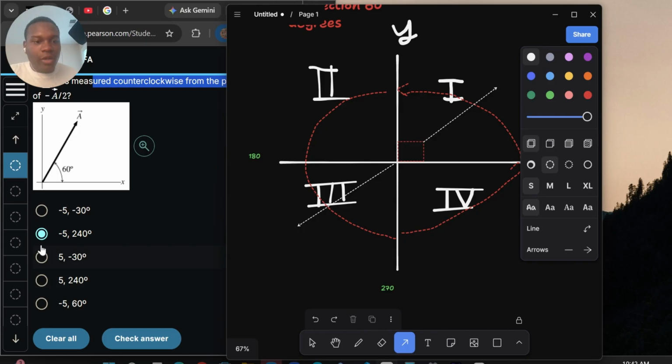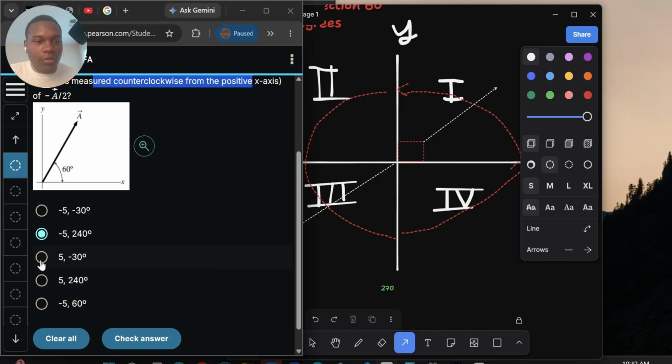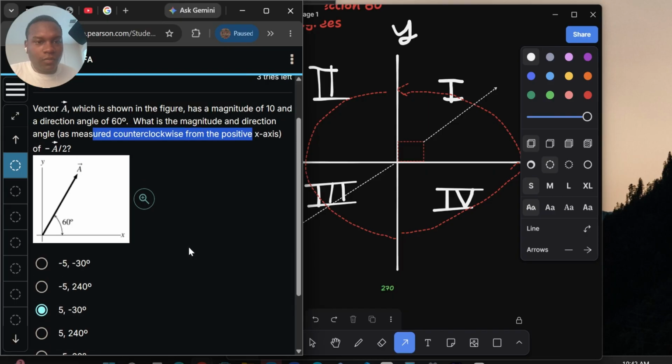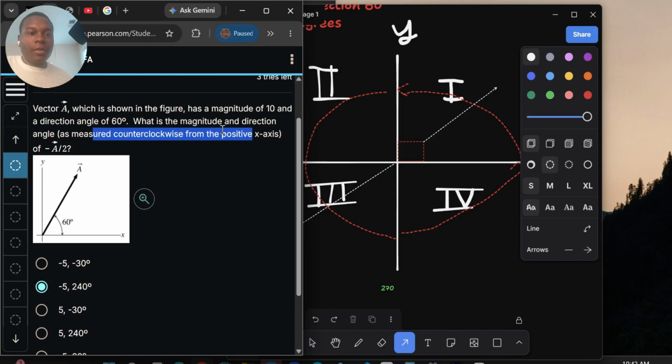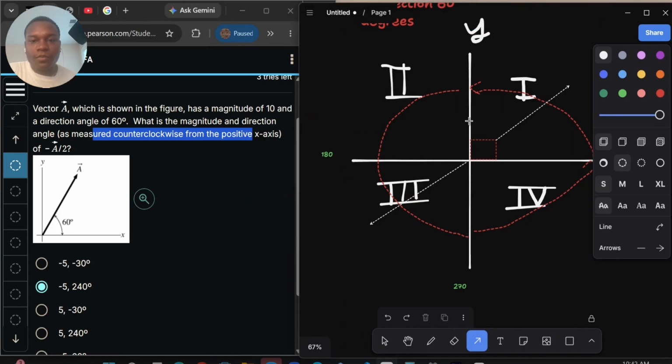The magnitude, am I wrong about the magnitude? I want to say no, it's still negative 5. I may be tripping. Okay, I'm gonna tell you exactly what I'm thinking, because it's probably the reason why I'm wrong or right.